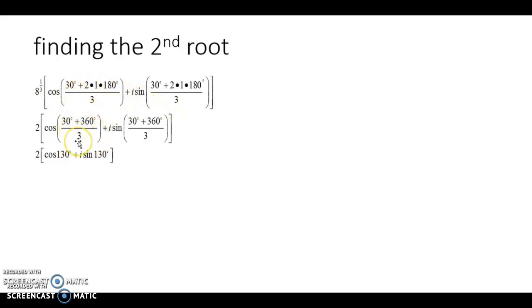Again, we simplify as usual, doing multiplication, then addition, and dividing that answer by 3. So 360, the answer for multiplication, plus 30 gives us 390. Divided by 3 tells us that we have 130 degrees. 8 to the 1/3 power, again, just the cube root of 8, is 2. And we have finished finding the second root.